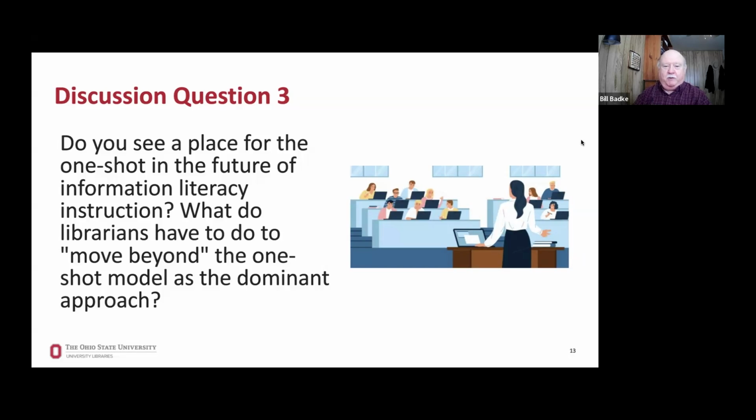If we're going to move beyond, I think we need to figure out how to get information literacy more centrally into the academic world. And I'm not talking about getting faculty on site. I'm talking about a broader way. I suggested one in my book, Teaching Research Processes, which was to take a grassroots approach.